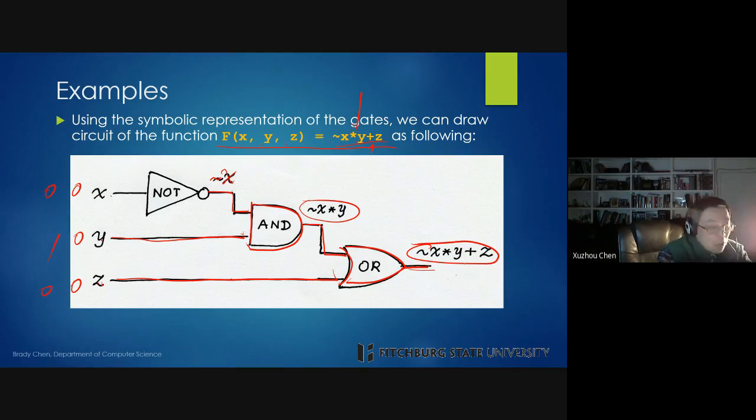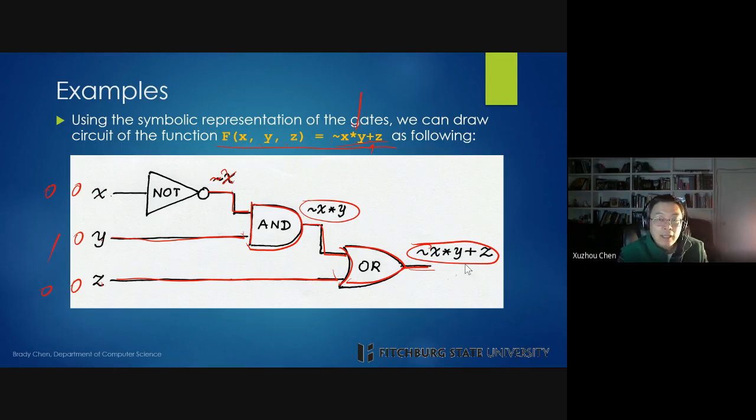It could be 0 or could be 1. Then it's going to be defined by the truth table. Okay. Any questions on this?